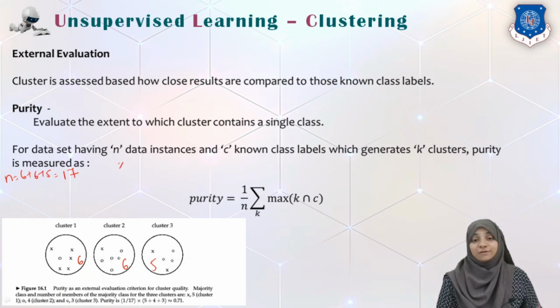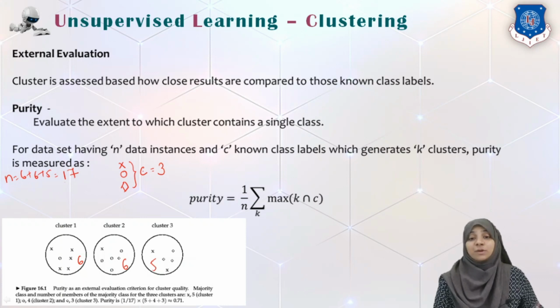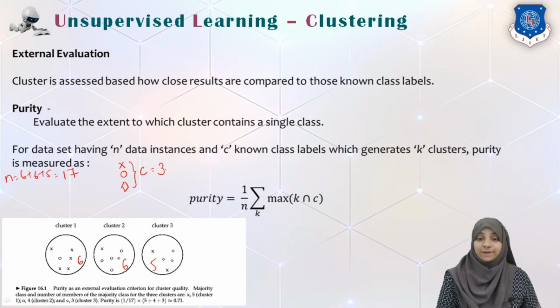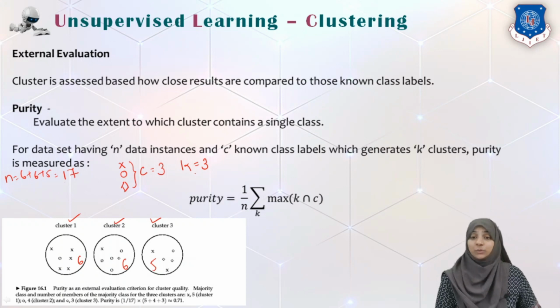First data is of X type, second data is of O type, and third data is of diamond type. So these are called known class labels C. Since there are three different symbols, I will say number of class labels are also 3. And here you can see there are three different clusters that are formed, which is nothing but number of clusters K is equal to 3.